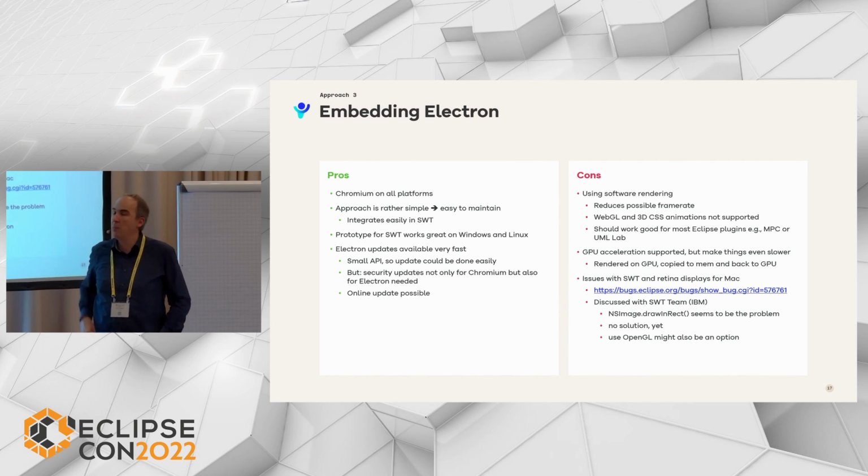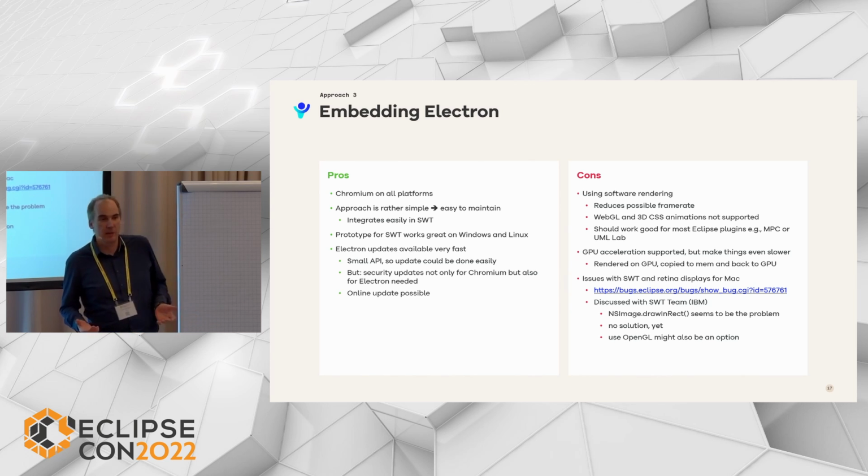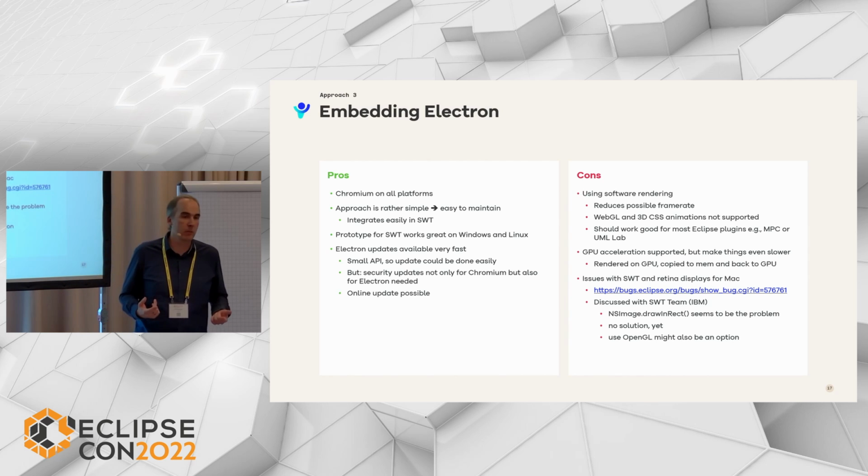Also, Electron is very fast with updates. When Chromium has an update, the same day or the next day, Electron also has this update. Maybe we need some online update mechanism because it might not be enough to have an update with every SimRel release.